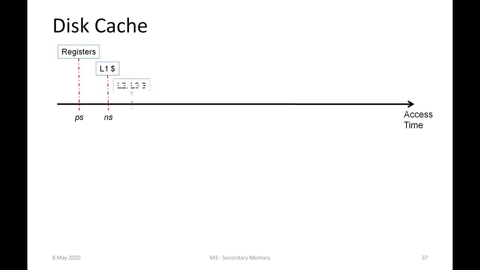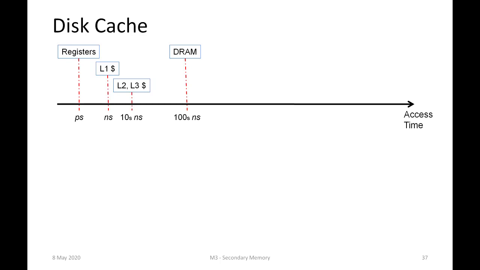If we miss in L1 and find the data in either the second or third level or even the fourth level of cache, typically we would need tens of nanoseconds to get the data back to the processor. If the data is a miss in all the cache levels, we will access the DRAM, and it would require a couple of hundreds of nanoseconds.